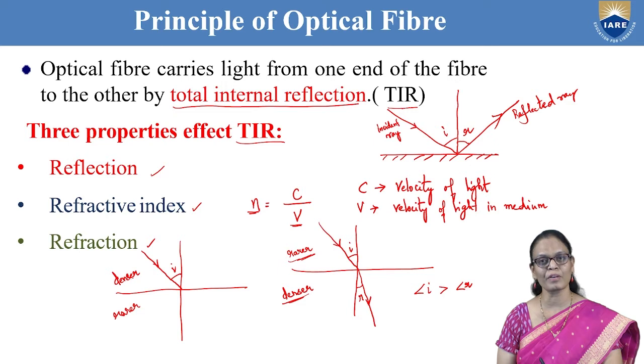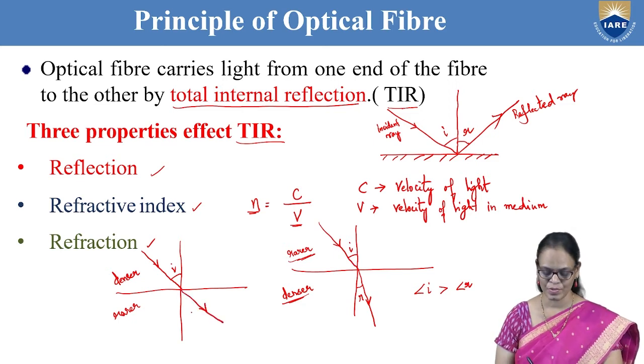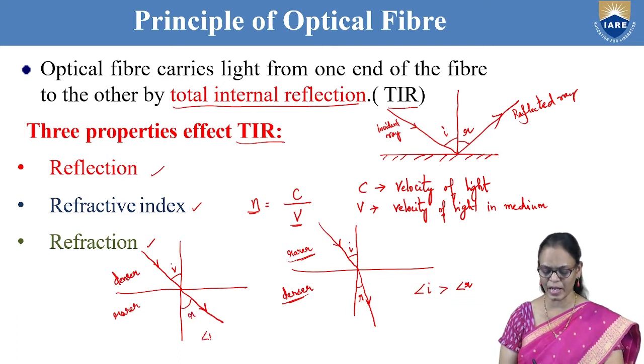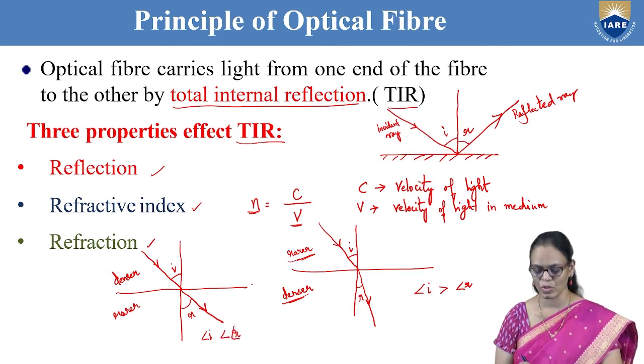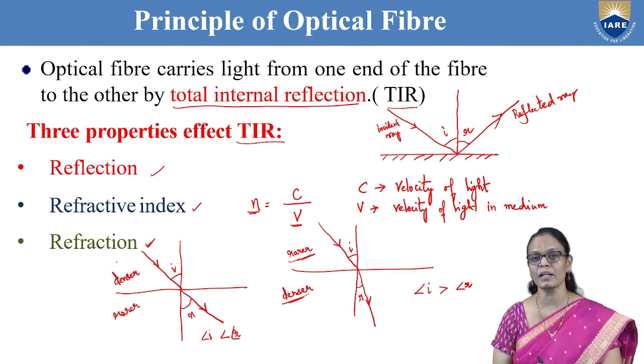Because it is going to a rarer medium whose refractive index is less than the denser medium, it may travel fast, so it bends away from the normal. We call this R. And here, angle I is less than angle R. So these are the two things we need to remember regarding refraction.